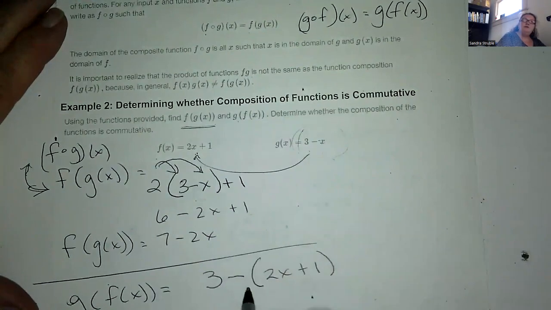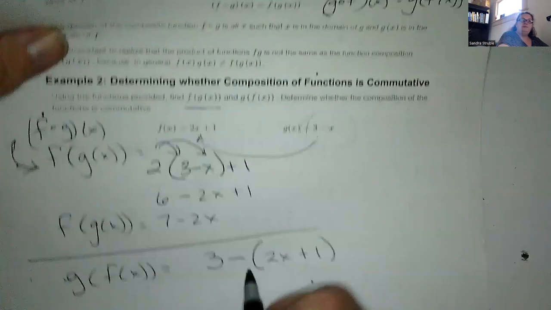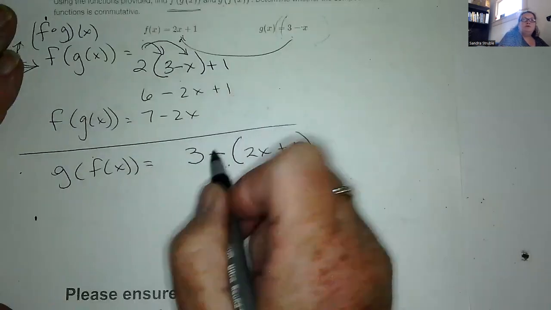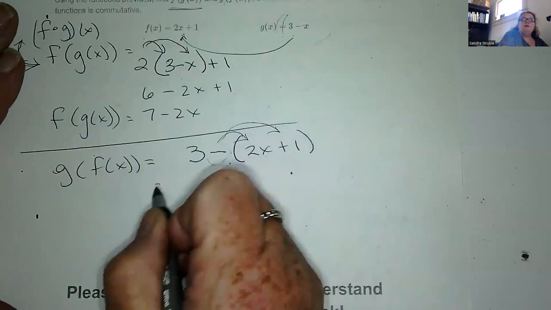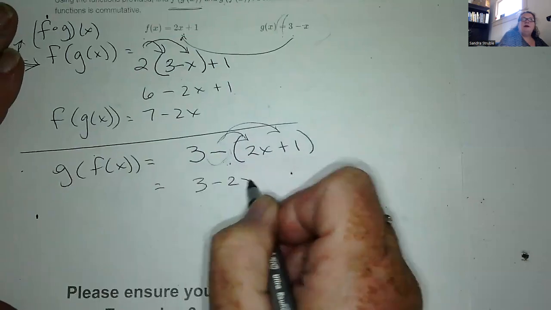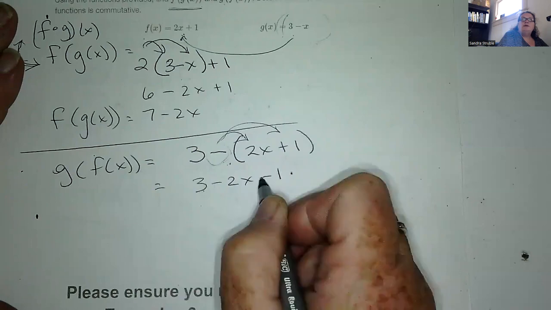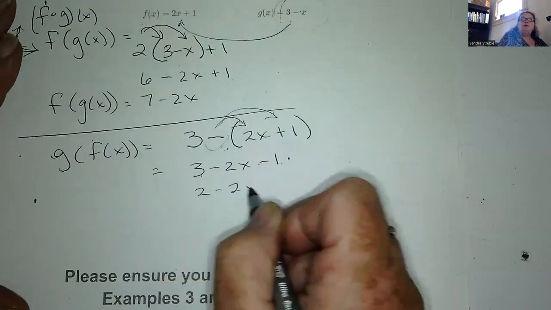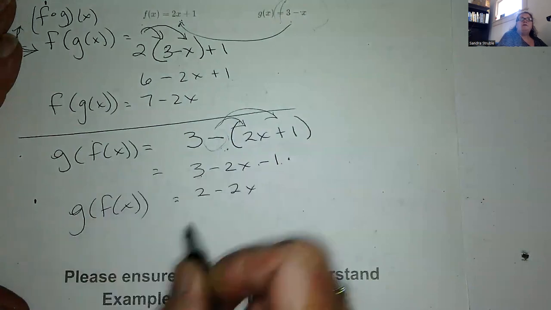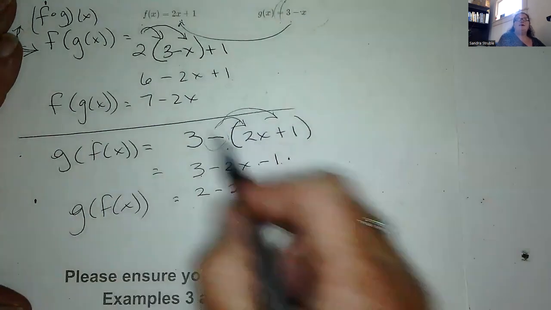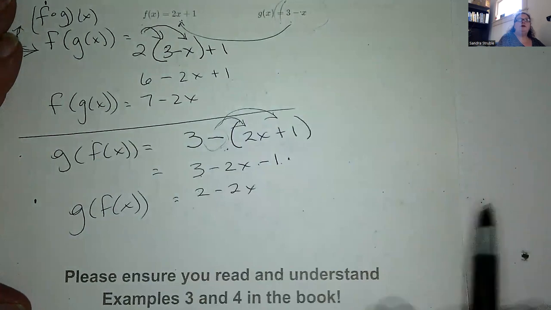Now, because there's always an assumed 1 out here, let me shift my paper up. Whether there is or not, we need to distribute this negative over this binomial. And so we get 3 minus 2x minus 1. 3 minus 1 is 2, so 2 minus 2x. So g of f of x is 2 minus 2x. They are not commutative because they are not the same.